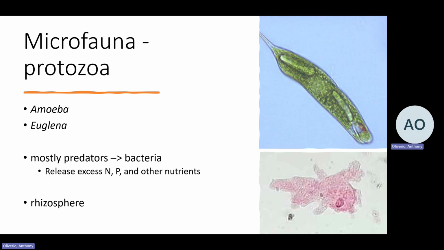So they're plants and animals. That's pretty cool. And then when they eat those things, the bacteria, the bacteria have these nutrients in them. If they have an excess of them, they release them into the soil, and they're plant available nutrients. It's pretty cool. These guys live only in an area called the rhizosphere.